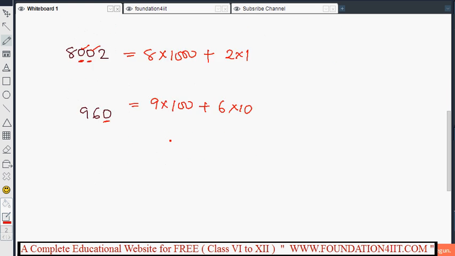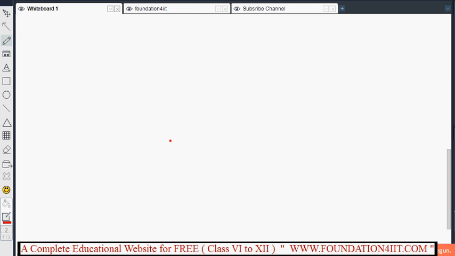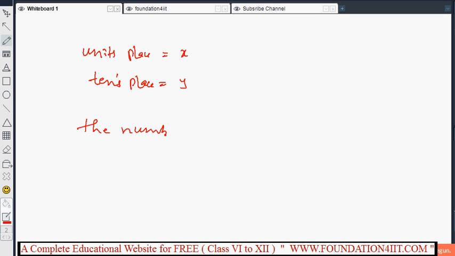Now apart from numbers, if variables are given, for example the units place is x and the value of the tens place is y. The particular number we should not write as xy.